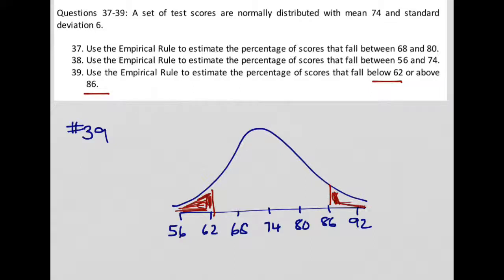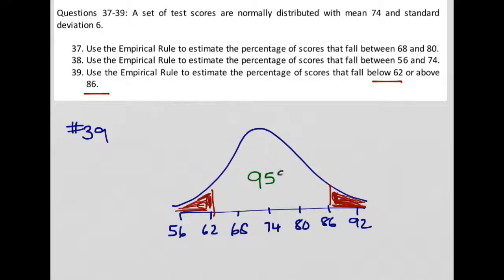And this is pretty common. We'll be doing this a lot in the second half of the semester. So, how do we determine the percentage in the tails? What we're going to do is say, well, what percentage would fall in the center? And 62 to 86, that's 2 standard deviations below the mean to 2 standard deviations above.